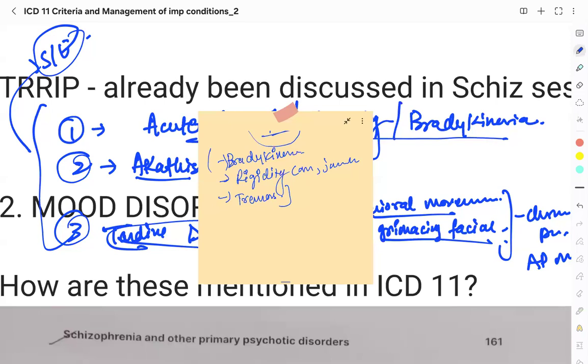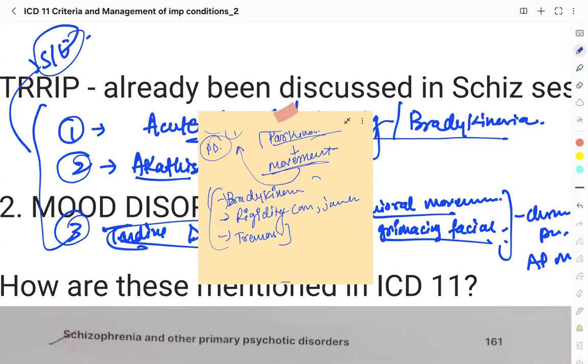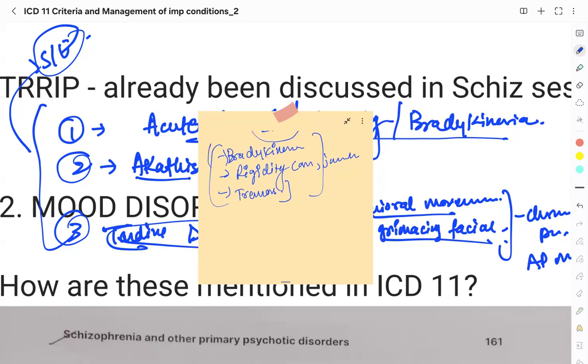Masked face is anyway a symptom of schizophrenia, they have a very blunt affect, so we don't keep it here. Okay, so these are some of the symptoms that can be present. And then acutely, let's say you have blocked the dopamine receptors suddenly, too many dopamine receptors have been blocked very suddenly, acute dystonia can occur.